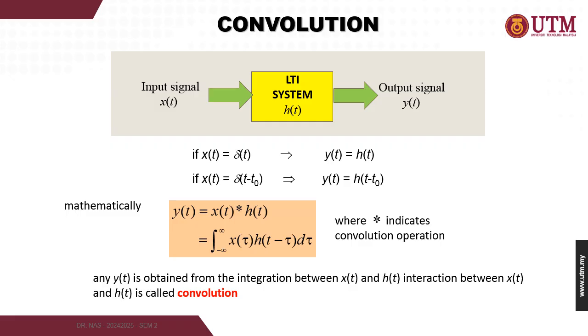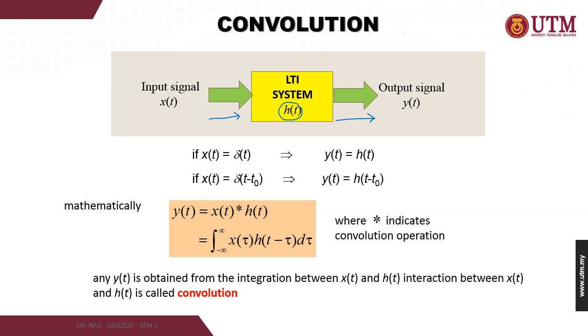This slide shows what a convolution system looks like, in which you have an input signal x(t) being transmitted over a transmission medium into an LTI system which has an internal signal h(t), and then being transmitted to the output or the end recipient.